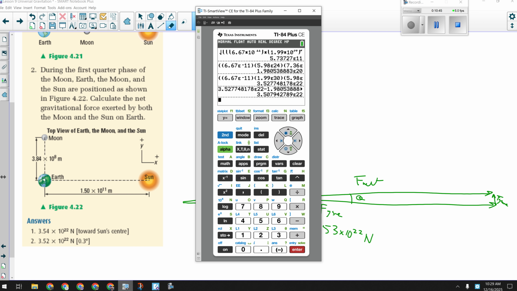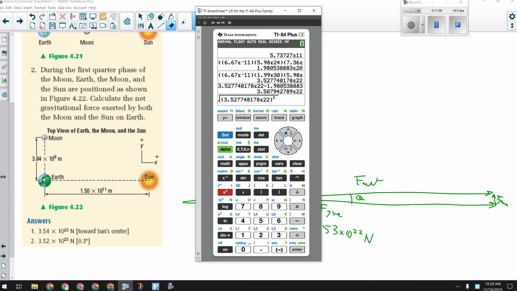So we'll take that 3.52 there, and I'll square that. I need to put it in brackets. Plus the moon's, so another bracket, that was the 1.98, and then square that.